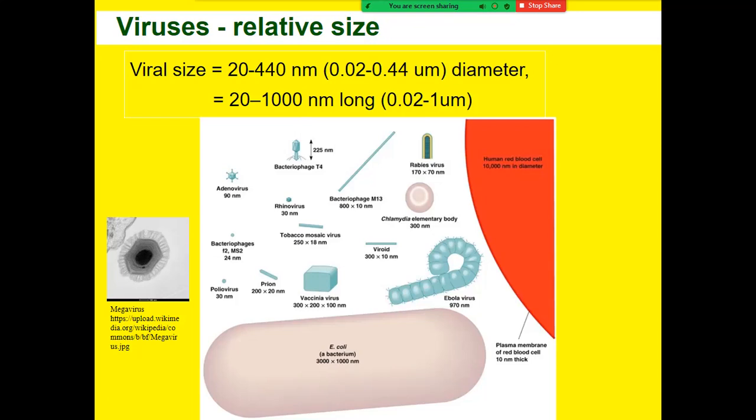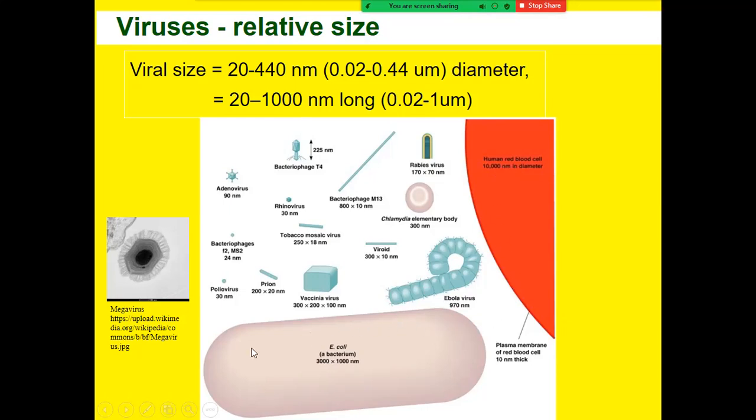Viruses, though, on average are much smaller than prokaryotes. And I'm going to say they're about 10-fold smaller than a prokaryotic cell. And then I stated prokaryotic cells are about 10 times smaller than your average eukaryotic cell. So here we have a red blood cell, which is actually a small eukaryotic cell.